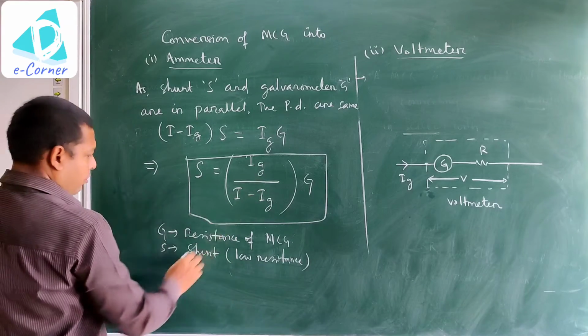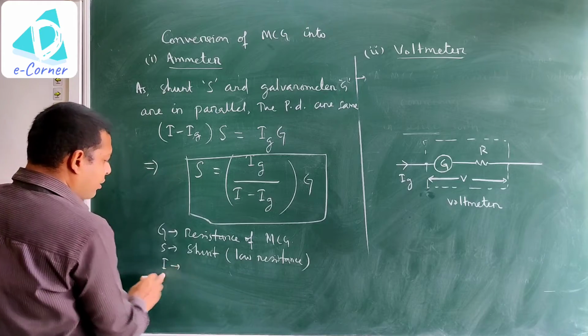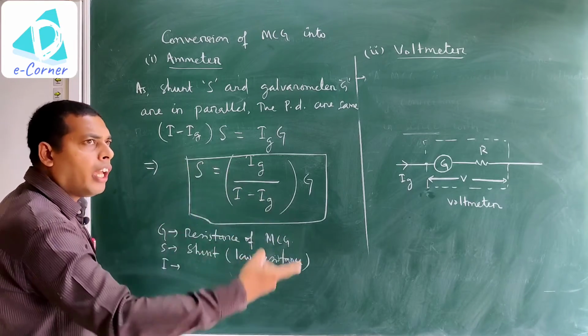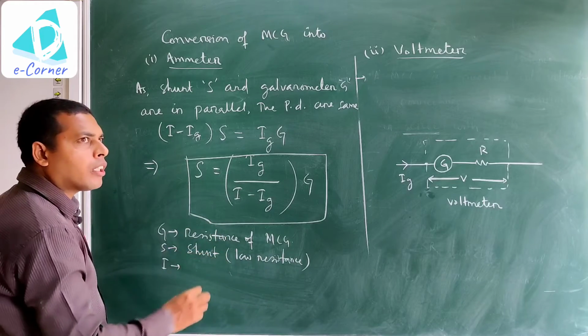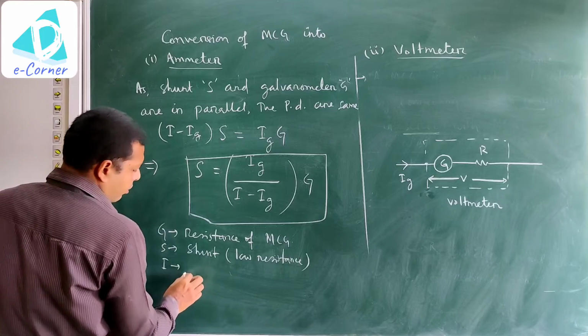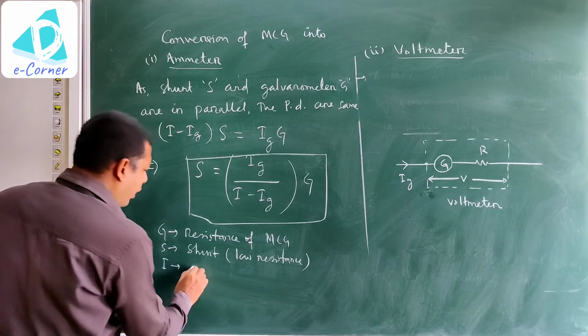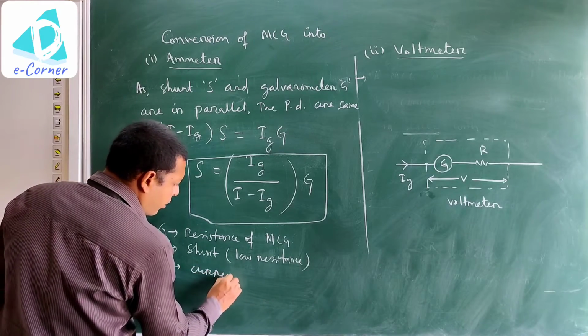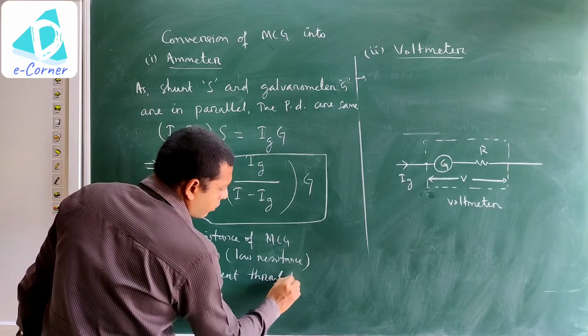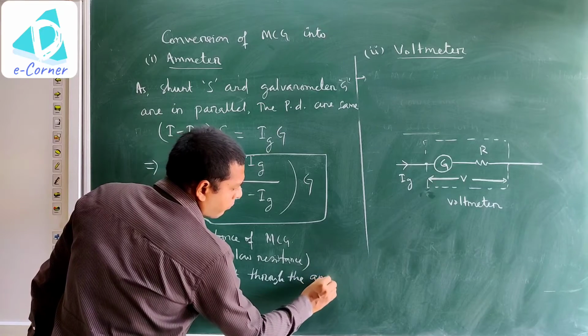Okay, next, what is the value of I? I is the current flowing through the ammeter. टोटल एमीटर में कितना करंट जा रहा है, that is full deflection current, or you can say simple current through the ammeter.